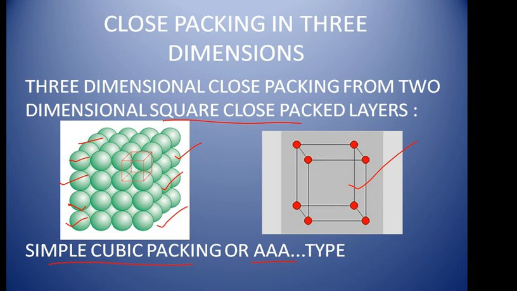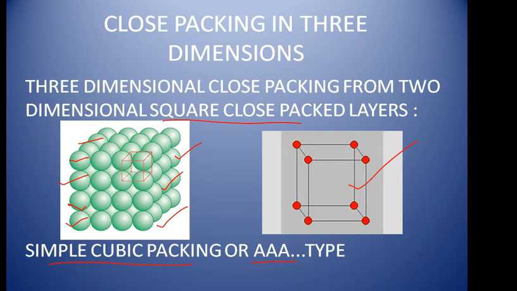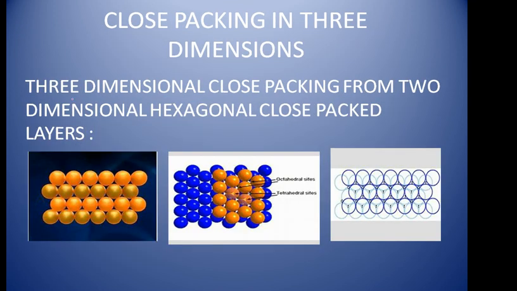Now this one is done, so we have to come to hexagonal close packing in 2 dimensions. Now you will stack another layer over it. The next one is 3 dimensional close packing from 2 dimensional hexagonal close packed layer.